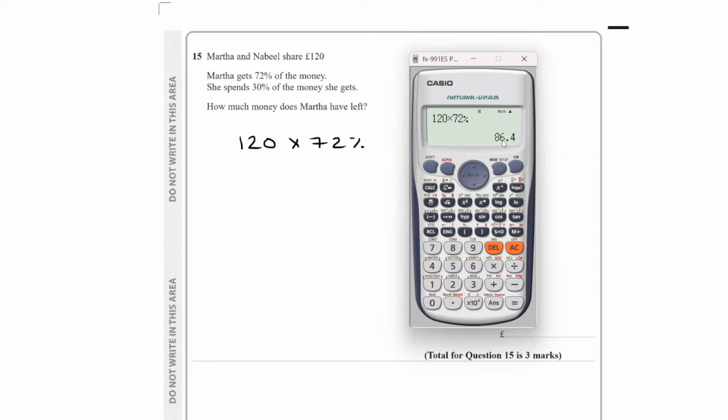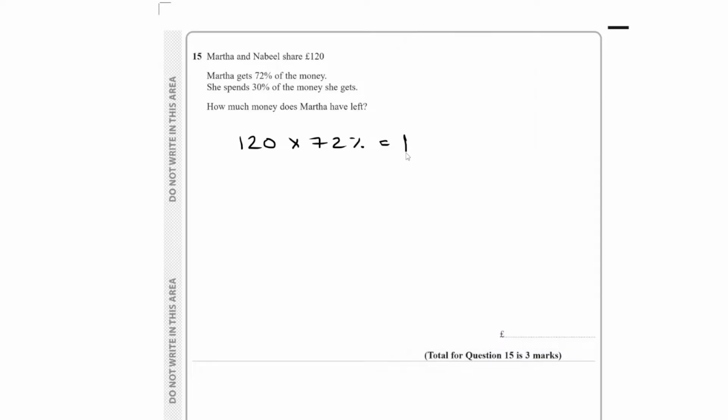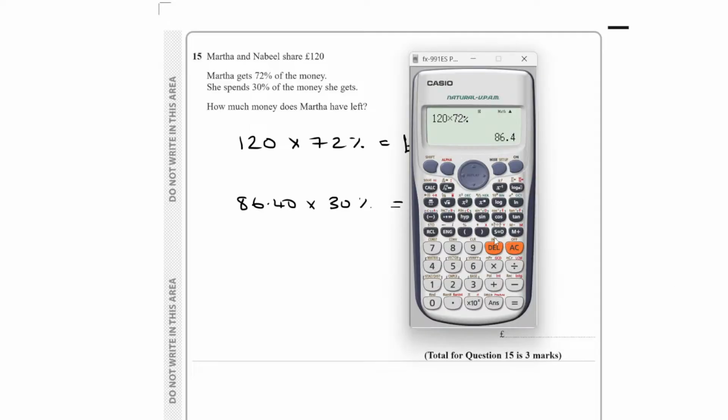Right, so Martha gets £86.40, but then out of this £86.40 she spends 30% of that. So that's now £86.40 times 30%. Again, I'm just going to use my percentage button, but if not, make sure to do 30 divided by 100 as a decimal.